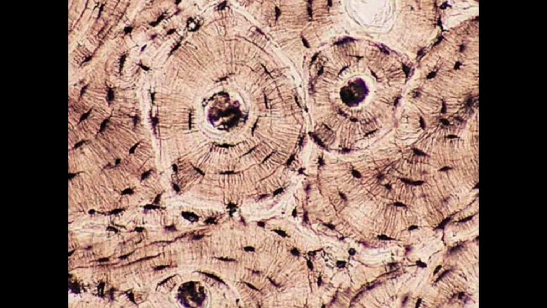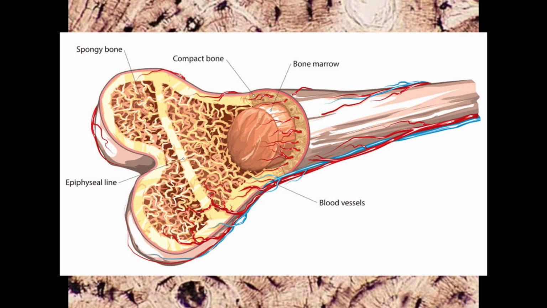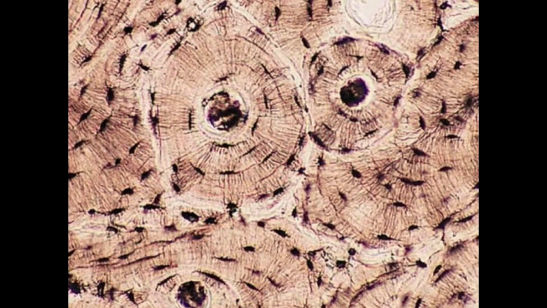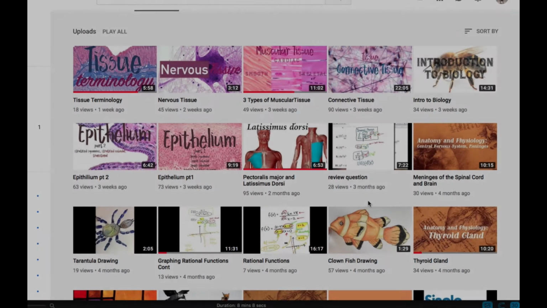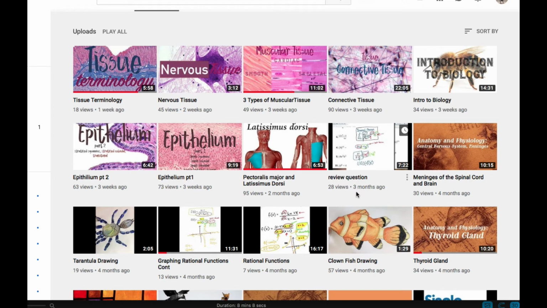Now, I also mentioned that bone produces blood, and this happens in the red bone marrow. It also stores and releases inorganic salts like calcium and phosphorus, and this helps to maintain pH levels in the blood. While I'm at it, I thought I would take a minute and show you where you can go on my YouTube channel to see a little bit more information on the role that bones play in maintaining pH levels in the blood.